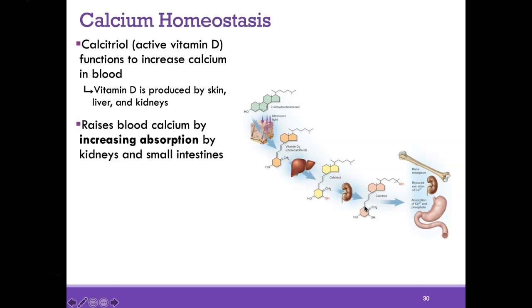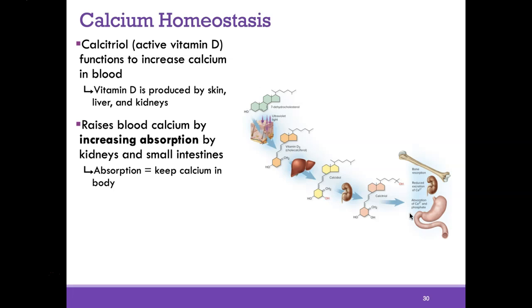Once it's fully functional, it can raise our blood calcium by increasing absorption by the kidneys and the small intestines. What this means is absorption is helping keep calcium in the body. Calcitriol can go over to the small intestines and make sure that it's keeping the calcium in. It's not going to excrete it.